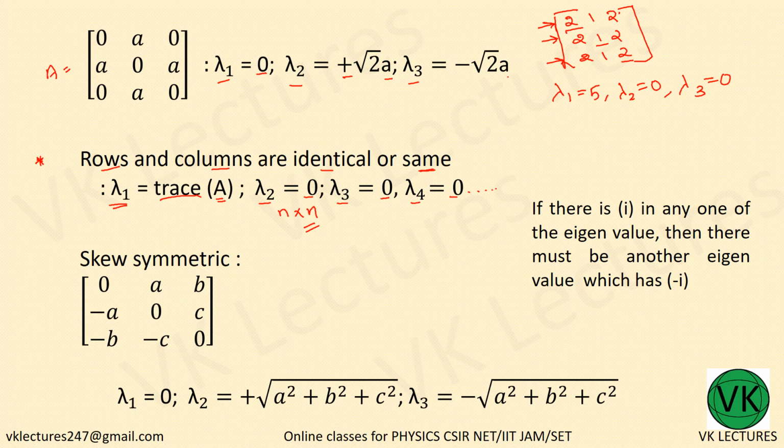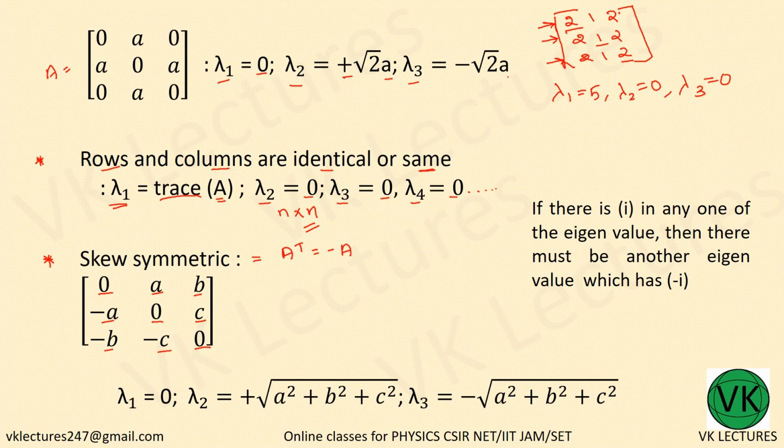Now for the skew symmetric matrix, this will be of the form where the diagonal elements must be 0. What do you mean by skew symmetric? A transpose equal to minus A. Then the diagonal elements must be 0 and the off diagonal elements a, b, c will be correspondingly the minus of the off diagonal elements in the lower part.